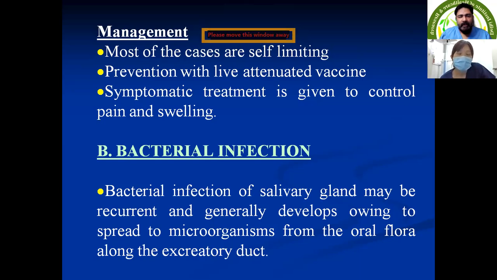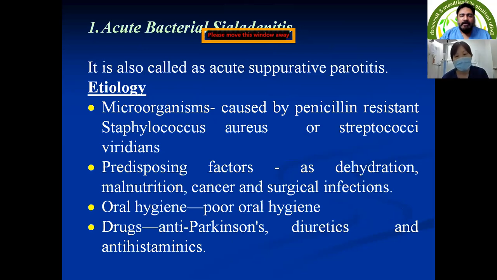Then bacterial infections. Bacterial infection of the salivary gland may be recurrent and is generally developed owing to the spread of microorganisms from the oral flora along the excretory ducts. First one is acute bacterial sialadenitis, also called acute suppurative parotitis.